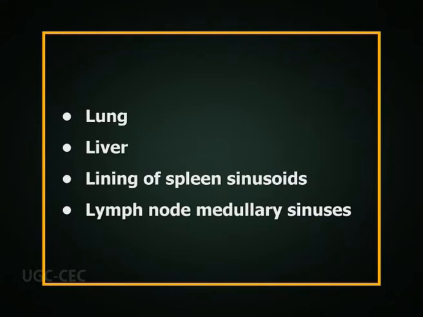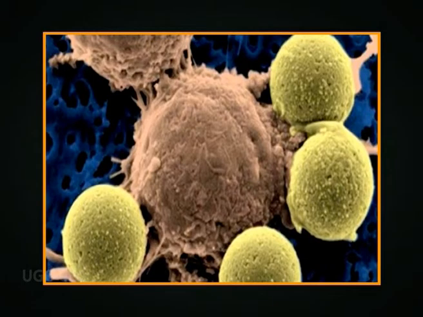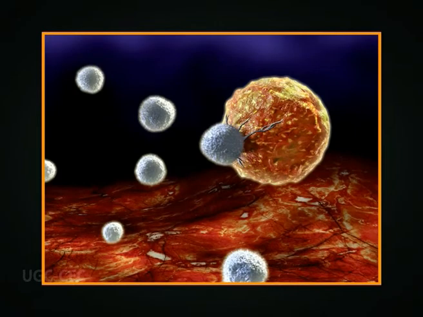They are present throughout the connective tissue and around the basement membrane of small blood vessels and are particularly concentrated in the lungs, liver, and lining of the spleen sinusoids and lymph node medullary sinuses, where they are strategically placed to filter off foreign material. Macrophages are at their best in combating those bacteria, viruses, and protozoa which are capable of living within the cells of the host.